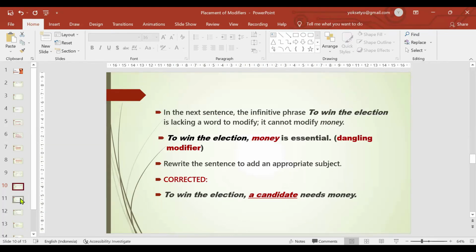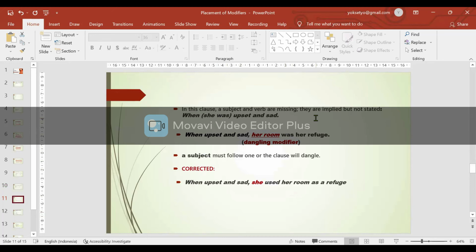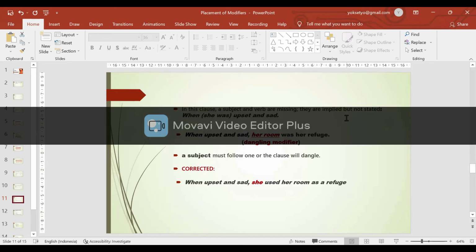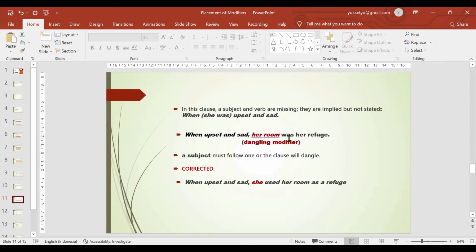Okay. Next, in this clause, a subject and a verb are missing. They are implied but are not stated. For example, when upset and sad, her room was her refuge.